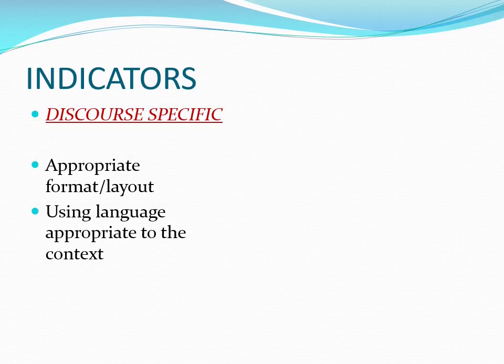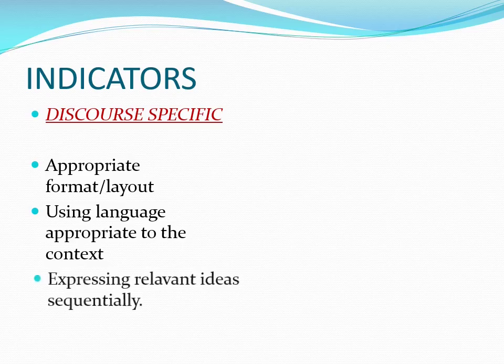And using language appropriate to the context. So don't use unparliamentary language and other unnecessary words in writing a letter. Then expressing relevant ideas sequentially. So our ideas must be in an order to convey the matter or information properly.